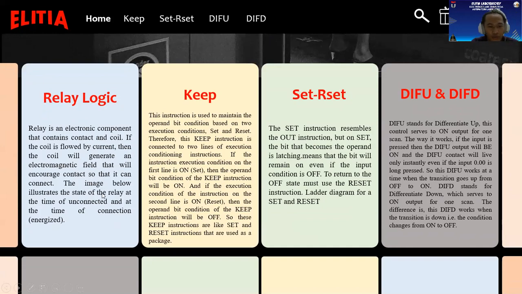The image below illustrates the state of the relay when unenergized and when energized. Yes, for the first we can go to relay logic to see the picture.